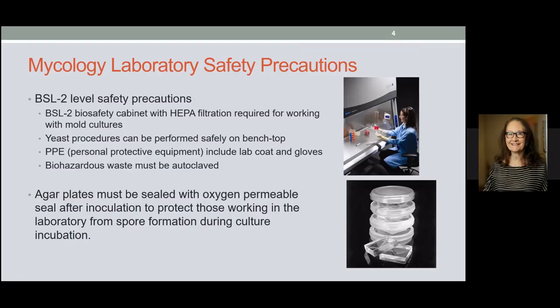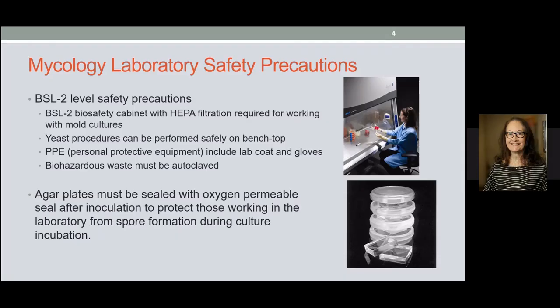You can see a picture of a BSL-2 biosafety cabinet on the right-hand side. Yeast procedures can be performed safely on benchtop. The personal protective equipment that you should wear when working in mycology include lab coats and gloves, and all of your biohazardous material must be autoclaved.